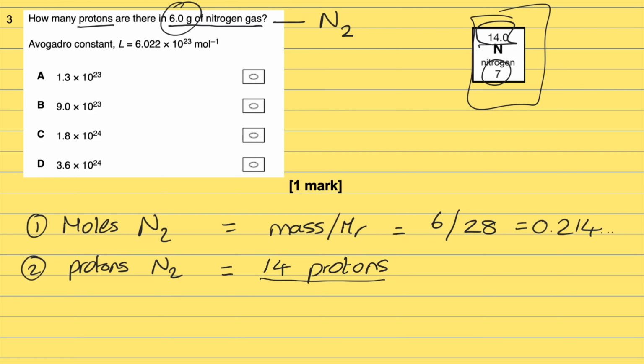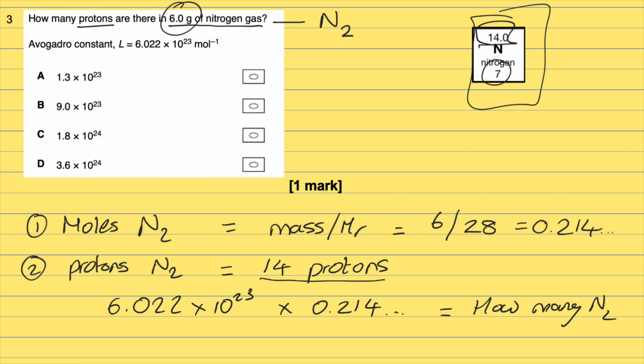So we can work out how many nitrogen molecules there are by doing Avogadro's number times the number of moles, which is using the first equation. Leave that number in the calculator. That is how many nitrogen molecules there are.